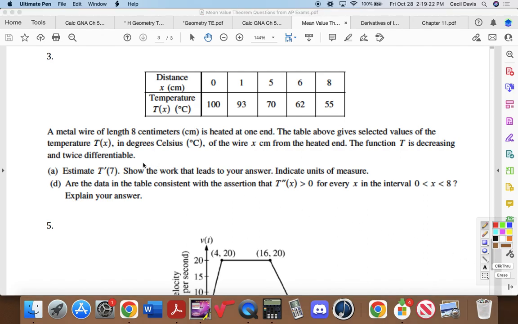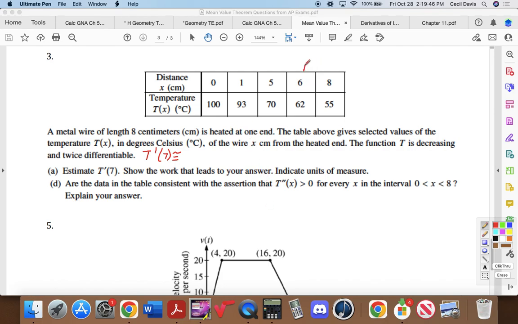Okay. First it says estimate T prime of 7. We did this day before yesterday, I guess. How could we estimate T prime at 7? The values around 7, so 6 and 8.